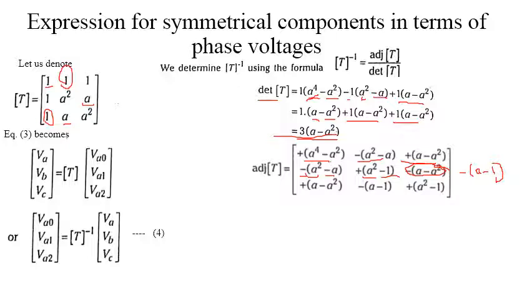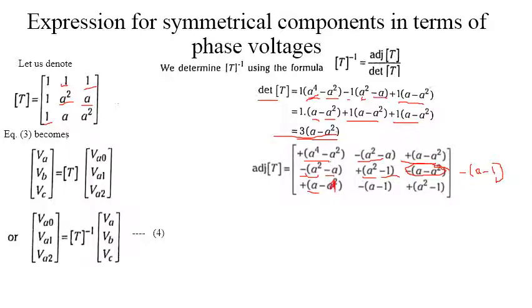Similarly for the term a, I should have 1 into a, you will get a, and a square minus 1 you will get minus 1. It is not a square, you should get 1.